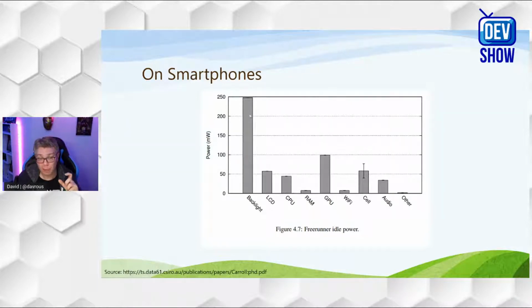It's the backlight. The backlight is going to consume a huge amount of energy. That's why today on smartphones you've got smart ways of dynamically reducing the backlight based on the external light. We've got sensors to measure that, because if you put the backlight always at the maximum level, the battery will die super fast. So this is really where we need to pay attention.